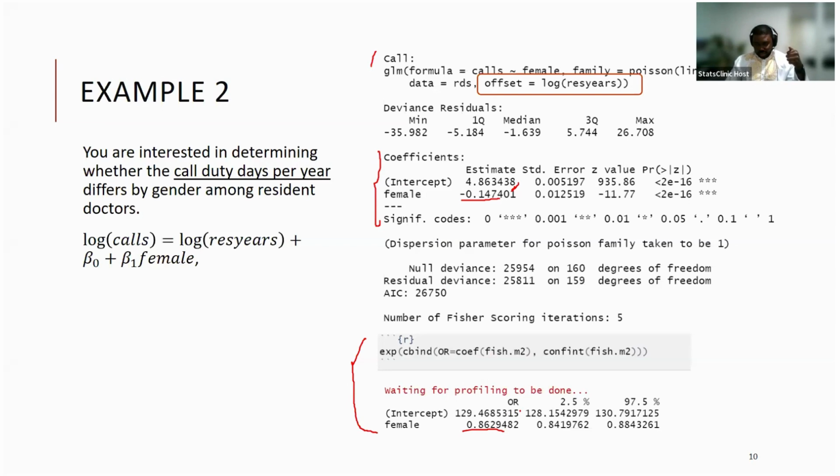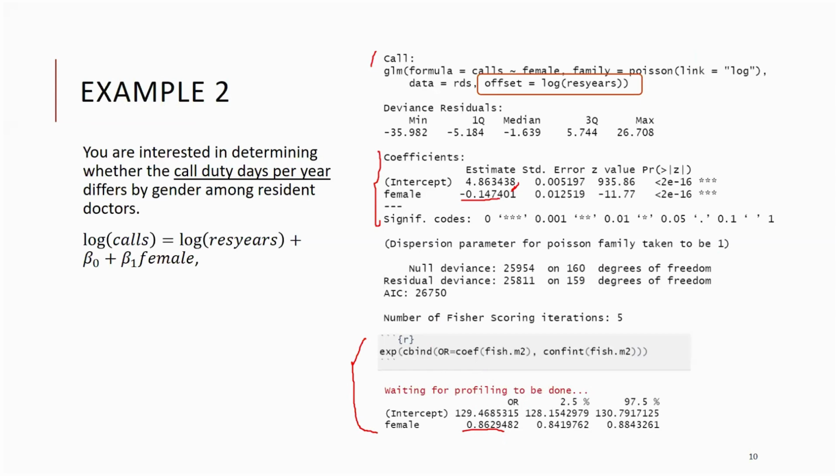Do you agree? Yes, sir. What would you say that females have had? Females are 14% less. Excellent. Females have had 14% less. So that's the way to interpret it. Males have had 129 calls. Females have had 14% less than males. All right. Thank you very much.